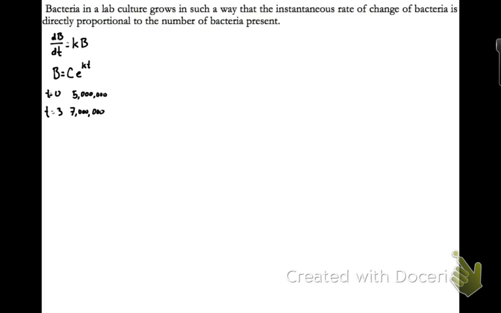So I'm going to let B represent the number of millions of bacteria that exist. And I know that when we start, there's 5 million. So I immediately know that part of my equation is that B equals 5e^(kt), because when this whole process starts out, there's 5 million bacteria.